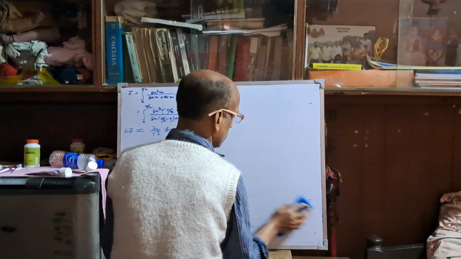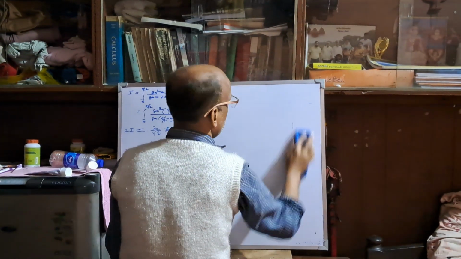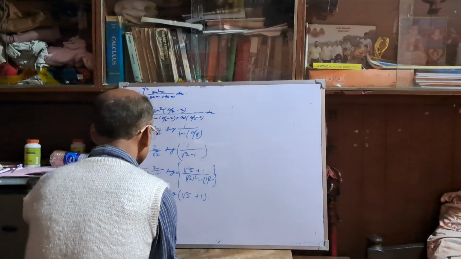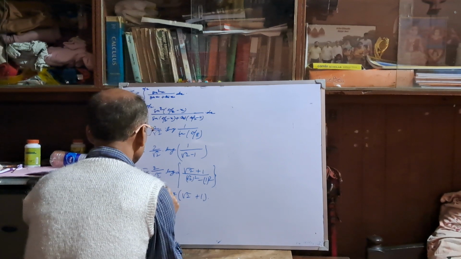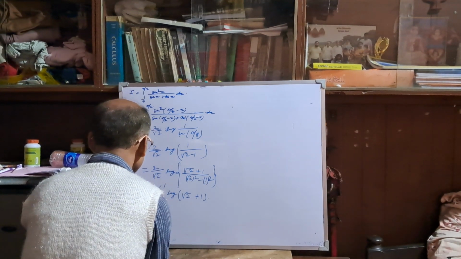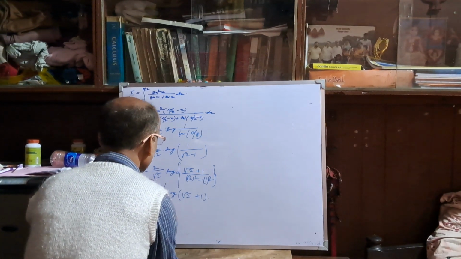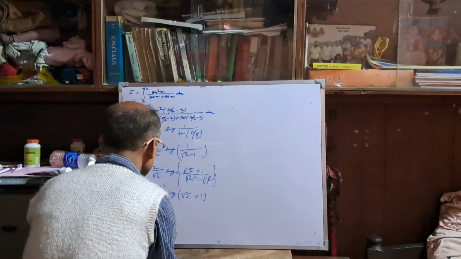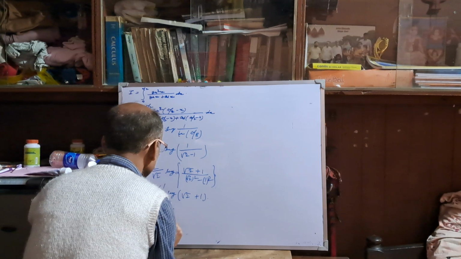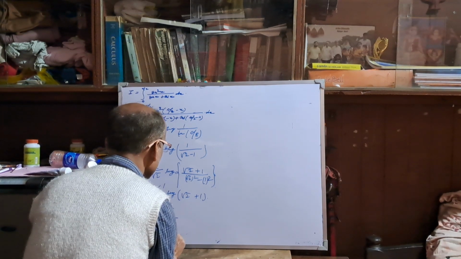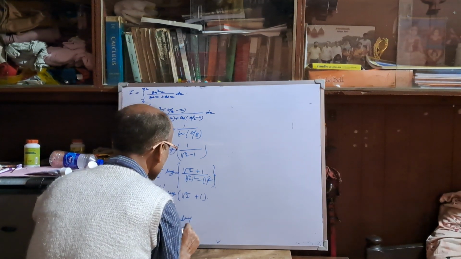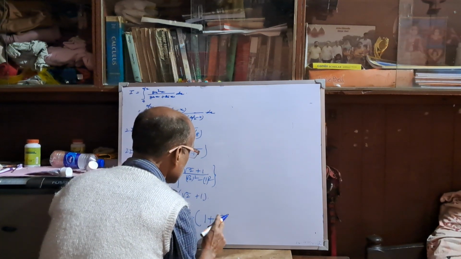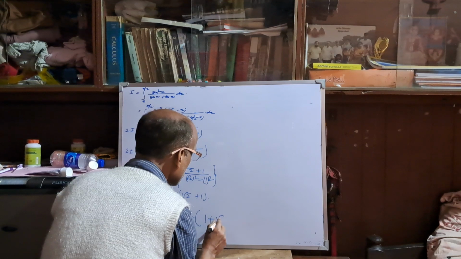I am keeping this space blank for making calculations. I will be 1 by √2, and if I rationalize, then √2 divided by 2, log(1 + √2).